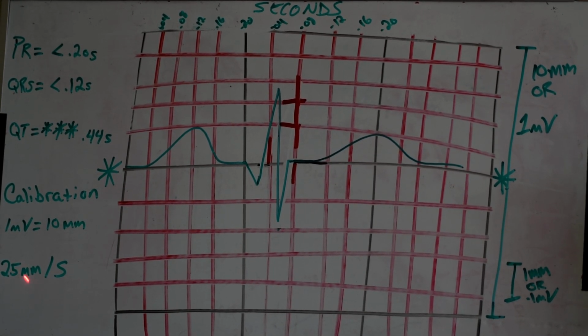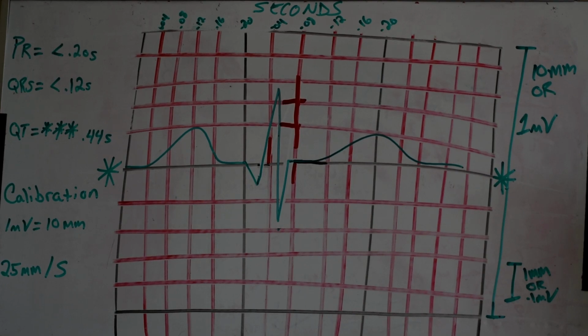The standard speed is 25 millimeters per second, and that's measured with these boxes. And the standard calibration is 1 millivolt equals 10 millimeters. So over here, 1, 2, 3, 4, 5, 6, 7, 8, 9, 10. Okay, 10 millimeters is 1 millivolt.